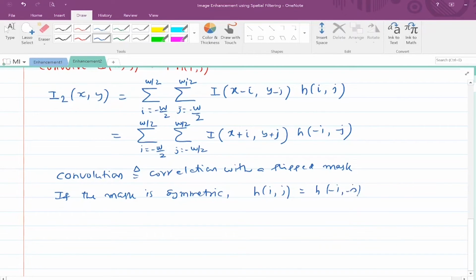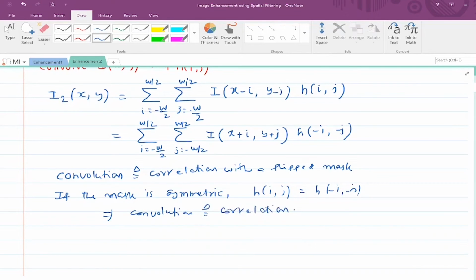In other words, flipping will give you the same mask, right? So of course there is no need to flip it, because you would get the same thing. Or in other words, convolution and correlation would give you the same results.